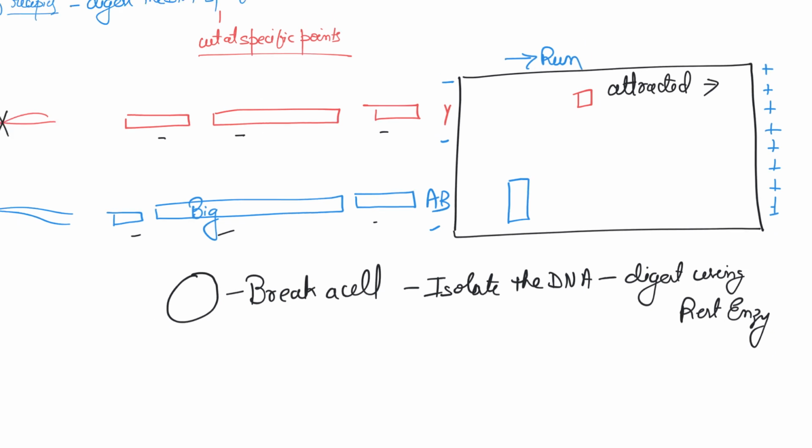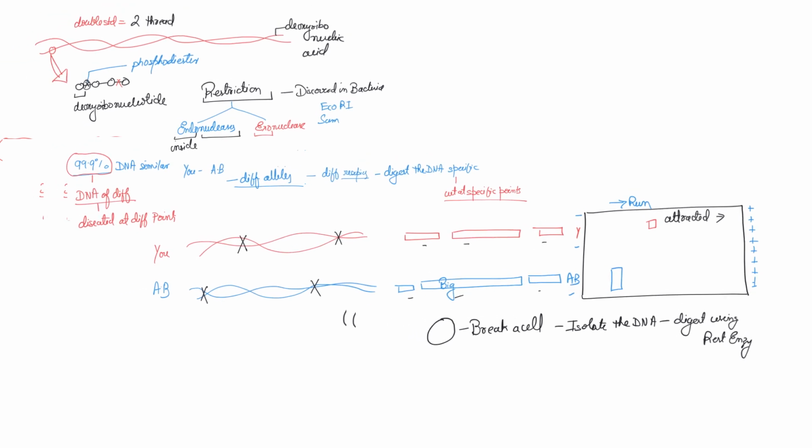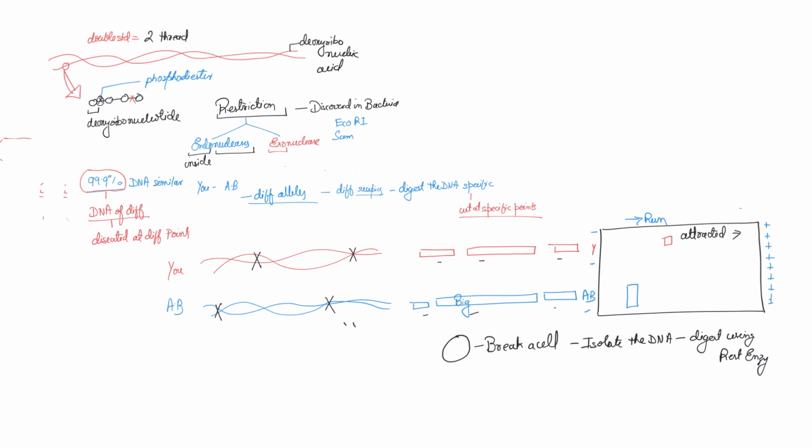So in this whole method, what we were doing is understanding the differences in the DNA sequence, that 0.1% difference, by visualizing the different pieces of DNA which were of different length because they were cut at different sections using the restriction enzymes. This is one of the ways.